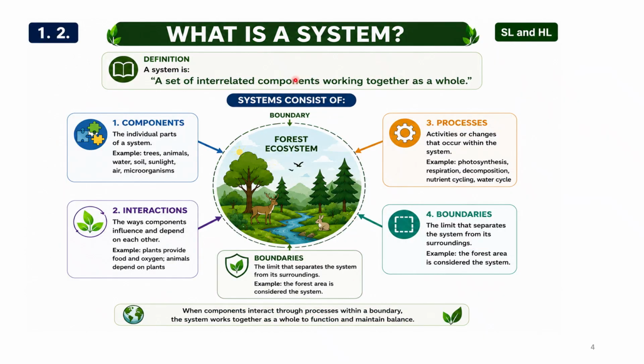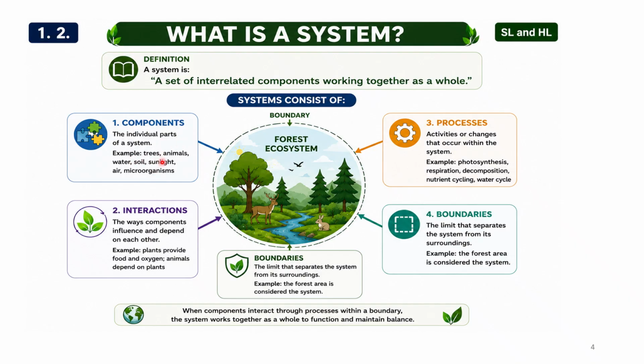What is a system? A system is defined as a set of interrelated components working together as a whole. In environmental science, systems help us understand how different parts of nature are connected and function together. Every system consists of 4 key elements. First are components, which are the individual parts of the system.